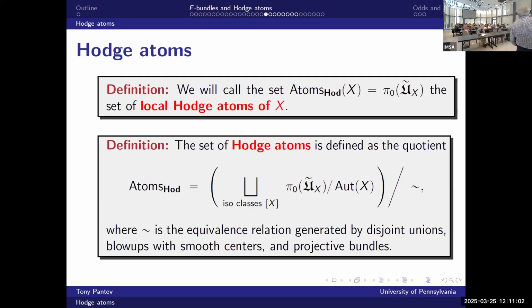So that gives you a big set for all smooth projective varieties of these atoms that appear in this decomposition that comes from quantum cohomology theory for these bundles, depending on the ground field.